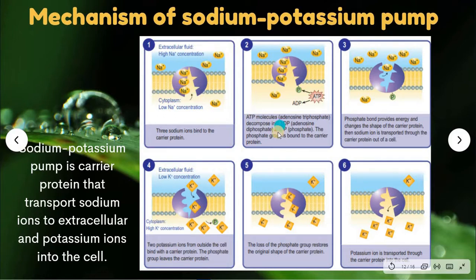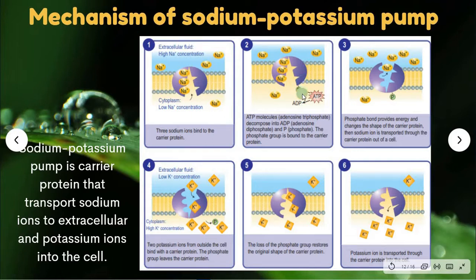And then what happened? ATP molecules, or adenosine triphosphate, decompose into adenosine diphosphate, or ADP, and phosphate. So the phosphate group is bound to the carrier protein. So now ATP, energy, is needed here. Number 3: the phosphate bond provides energy and changes the shape of the carrier protein.